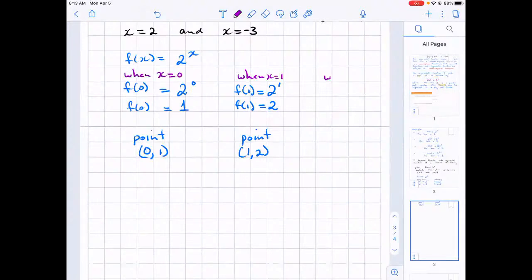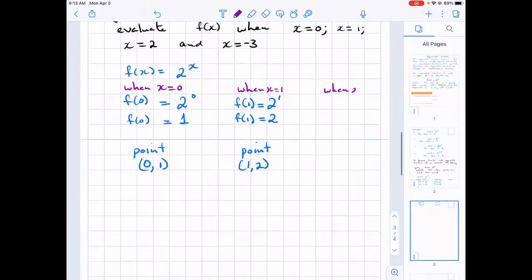Now, what happens when x is equal to 2? We have f of 2 will be 2 raised to the second power, and that becomes f of 2 is equal to 4. So our point is (2, 4).